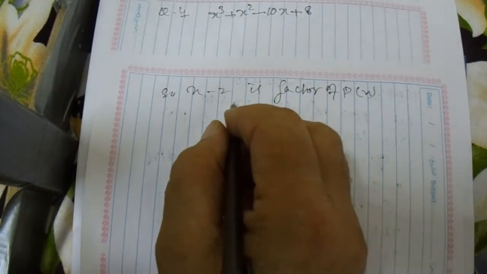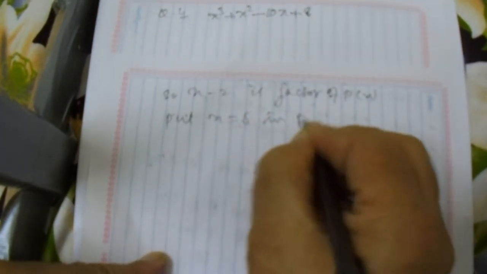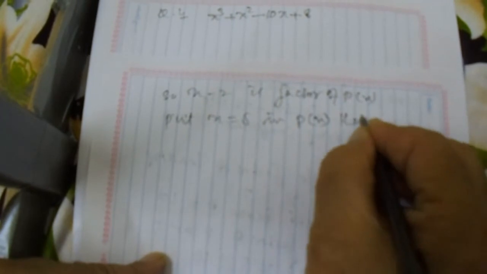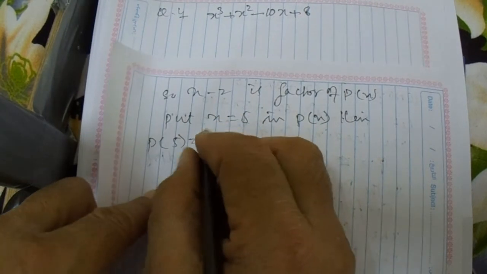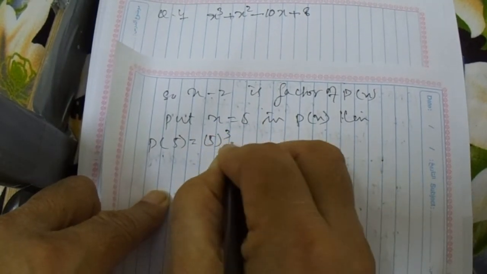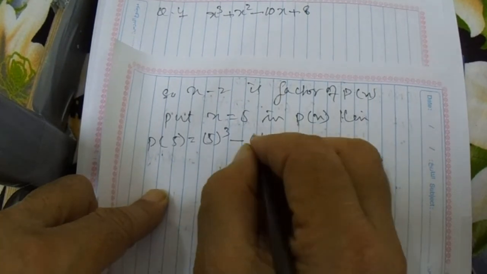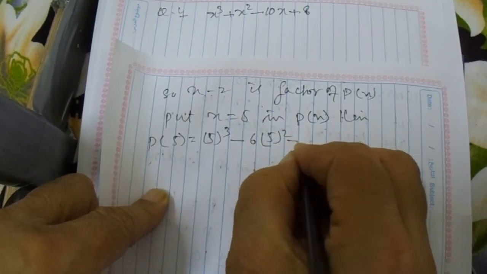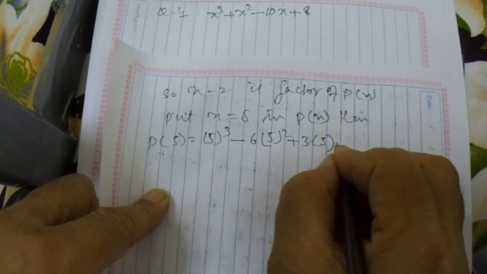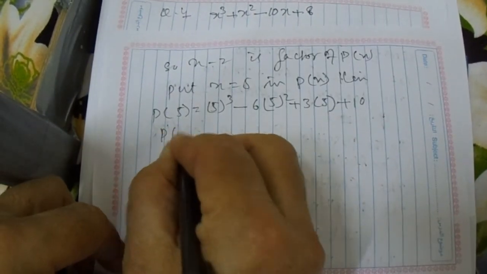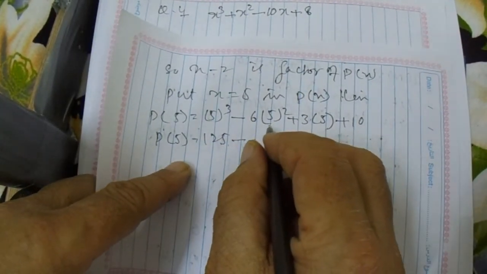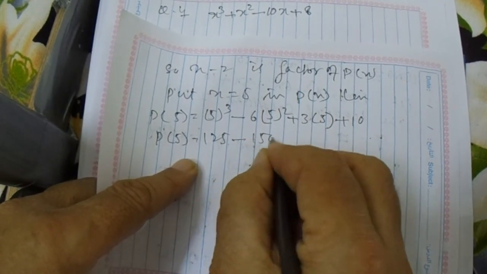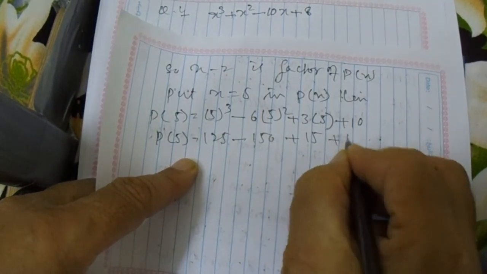Now put x is equal to 5 in P(x), then P(5) is equal to 5 cubed minus 6 into 5 squared plus 3 into 5 plus 10. P(5) is equal to 125 minus 150 plus 15 plus 10.